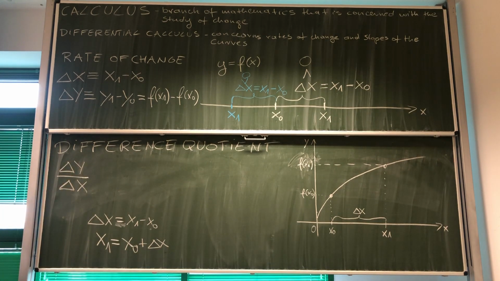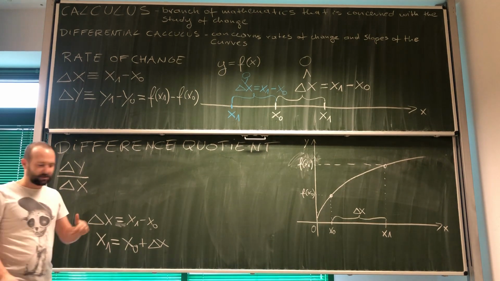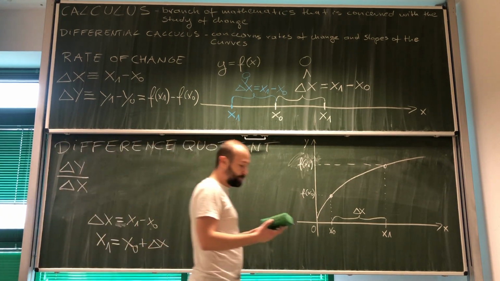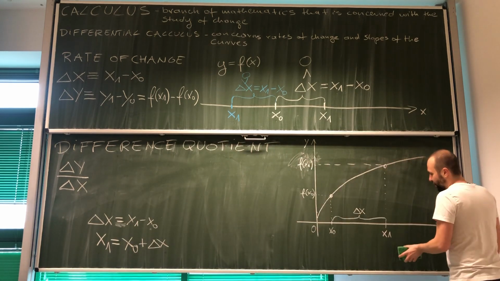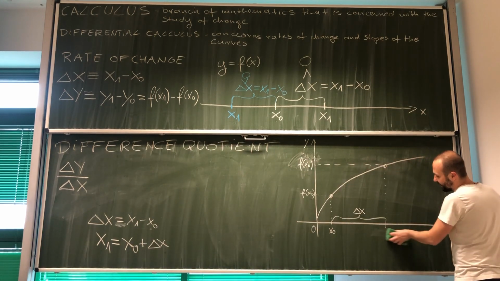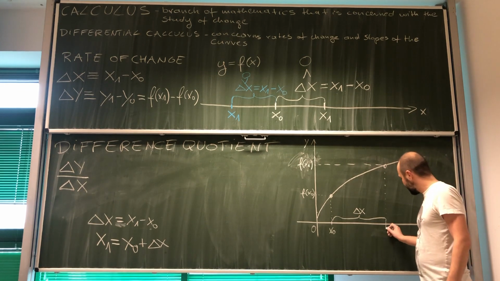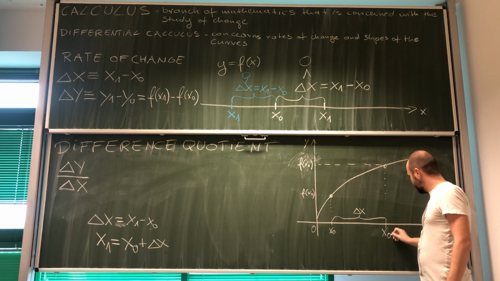And look, this is very important information because it will help us to calculate the difference quotient a little bit better. So what I can do now is, instead of writing x1, I can simply write x0 plus delta x.